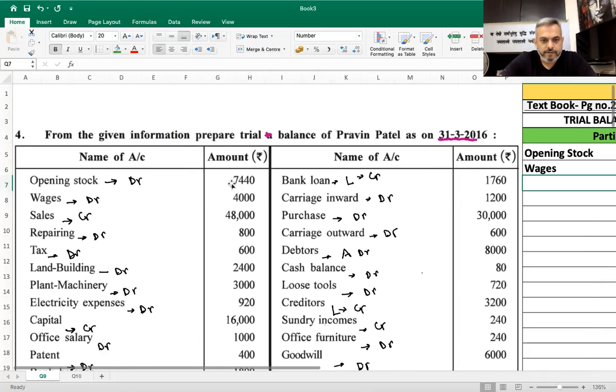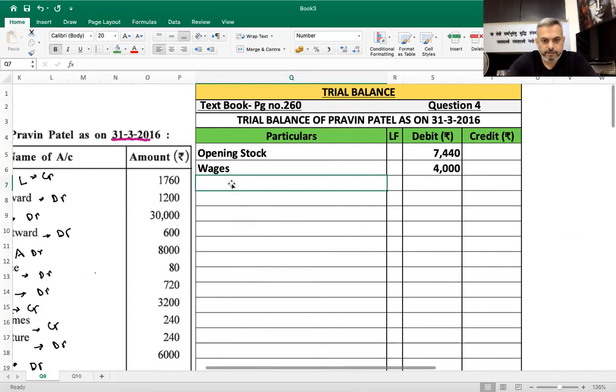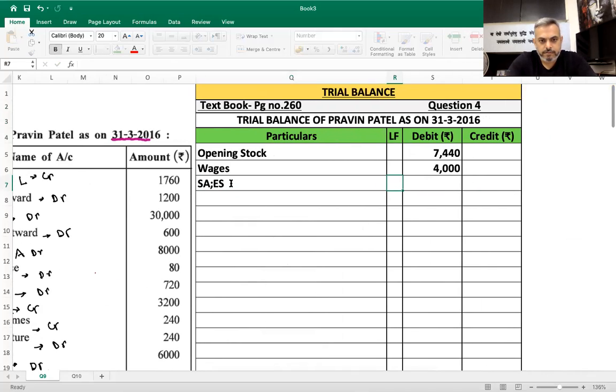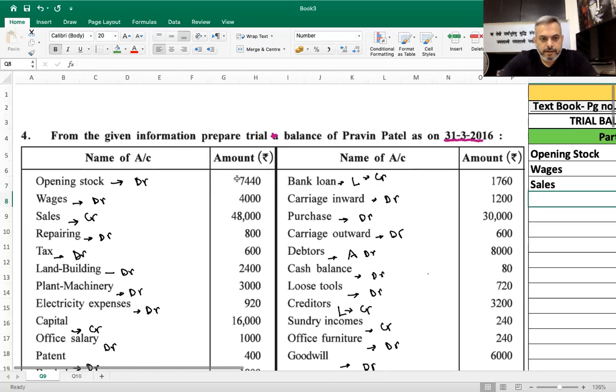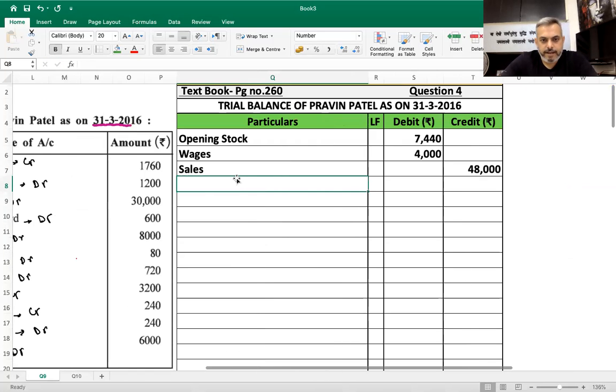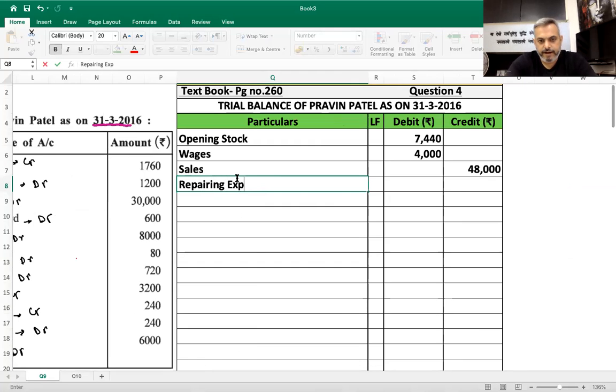Next, sales credit 48,000. Repairing 800. Repairing expense. I'll write expense over here so you know that's why it is debit 800.